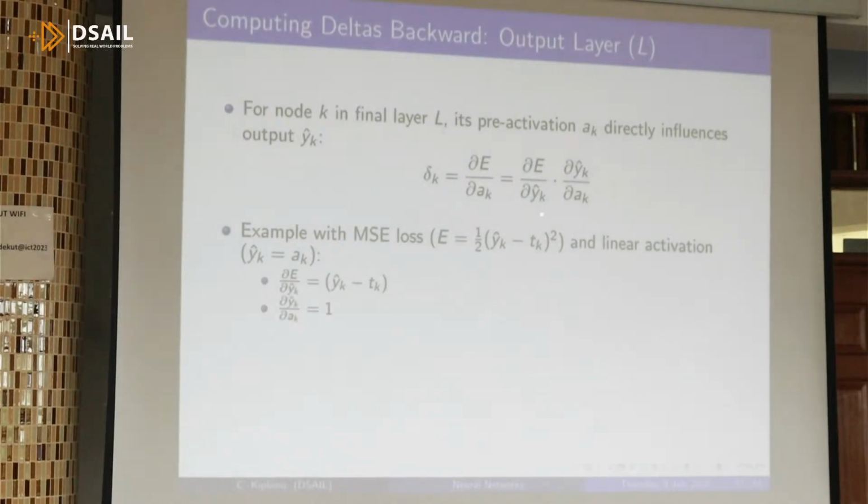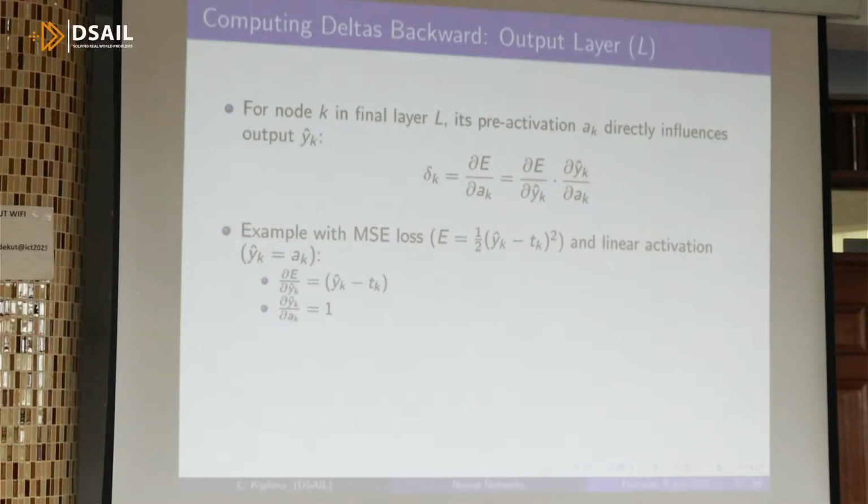And then dyk/dak is 1. Why are we saying it's 1? Because yk is ak, or rather ak is yk. As in, if you go to the output layer of your neural network, the value there is the output itself.